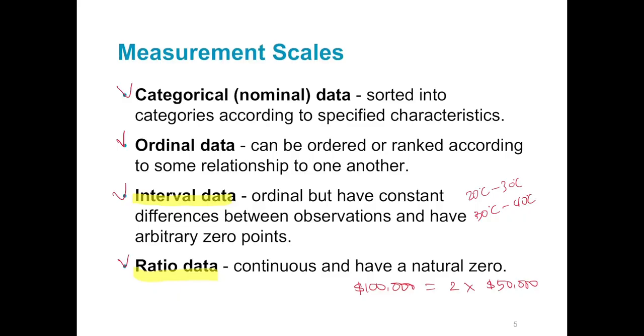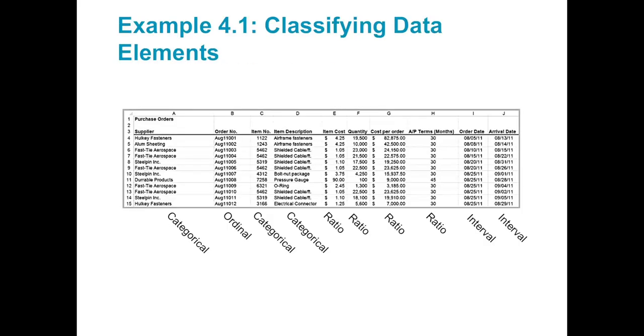Let's apply this to the purchase orders dataset that we'll return to many times in this chapter for our example. So here we have supplier name, item description, and item number, which are categorical data. They're just labels with no inherent order. There's no order between Halki fasteners and alum sheeting.